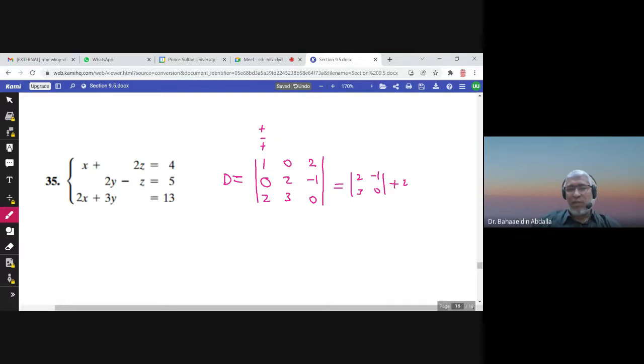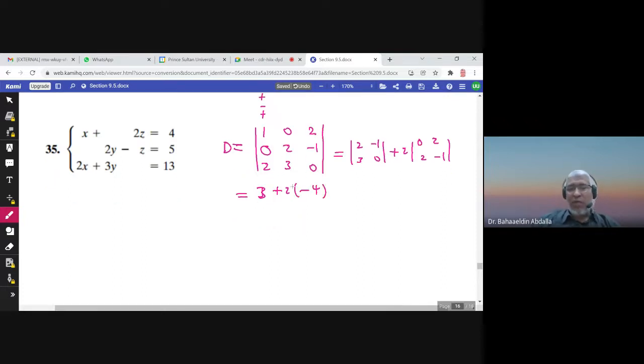Plus 2 times 0, 2, 2, and negative 1. So 0 minus minus 3, that's plus 3, plus 2 times 0 minus 4. 3 minus 8 is negative 5. So that's D. Now let us find dx.